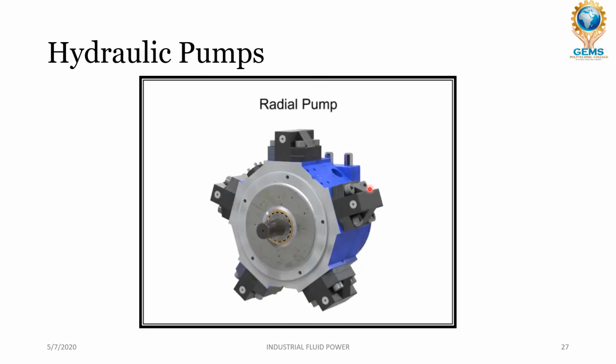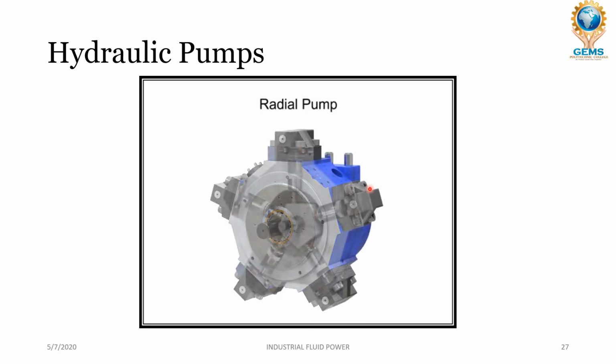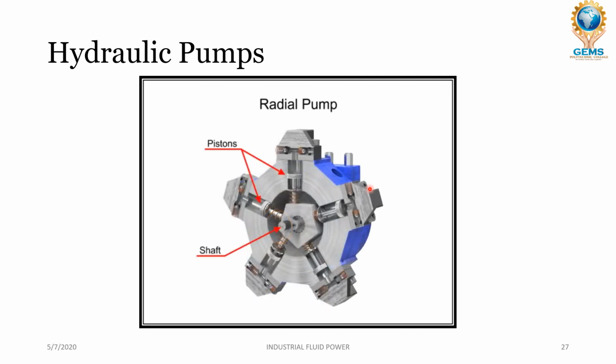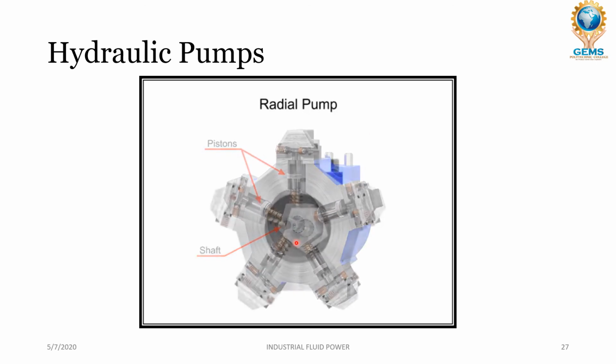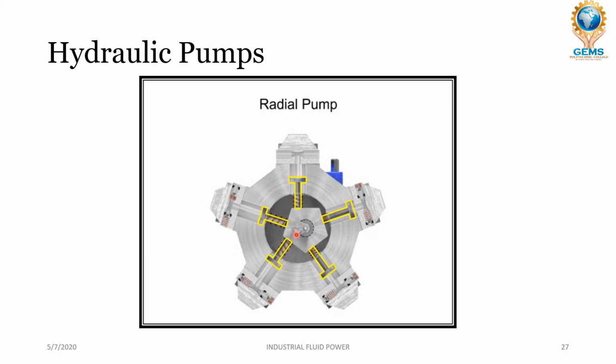Now let's see the radial piston pump. These are the pistons, and all at the same time it rotates. This is a rotor.